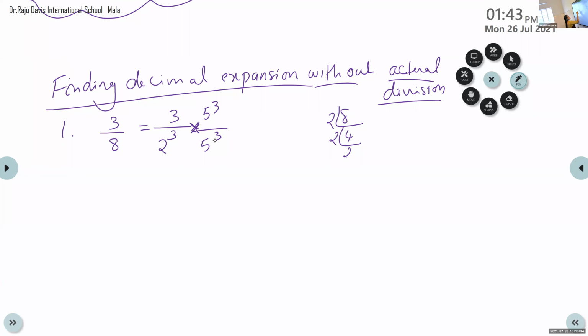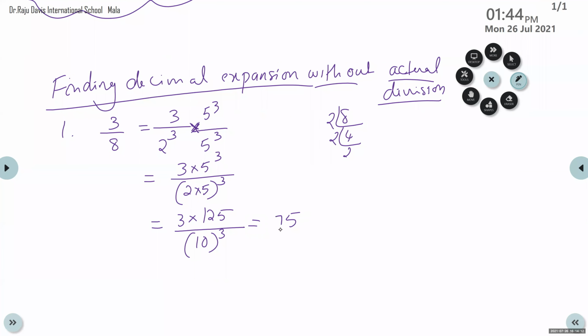Because 2 cube into 5 cube is 10 cube. So this will be 3 into 5 cube divided by 2 into 5 the whole cube. That is 3 into 125 divided by 10 cube. 3 into 125 is 375, and 10 cube is 1000. So its decimal expansion is 0.375 without doing actual division.